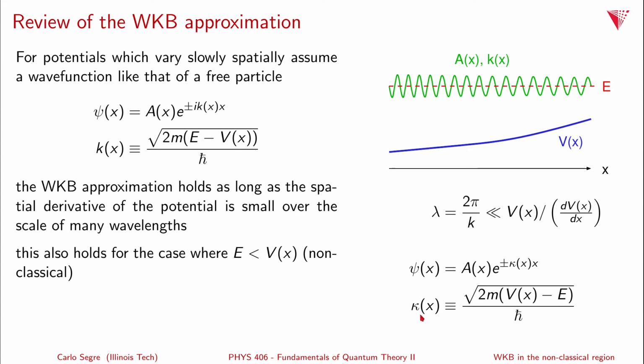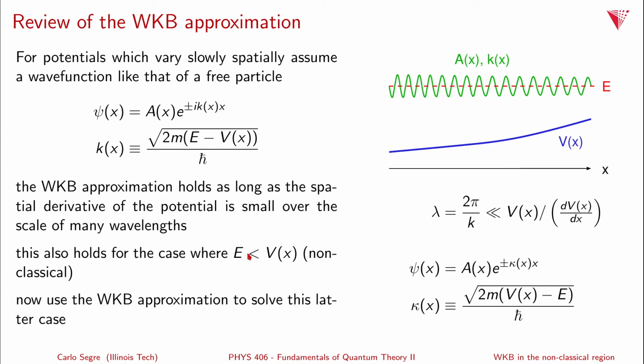So kappa of x is just given by square root of 2m times V of x minus E over h bar. So we've flipped the orientation of this to make this a positive definite quantity under the square root, and that eliminates the imaginary term here. And so now you have the real exponentials.